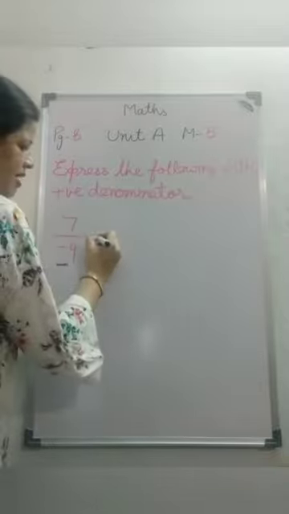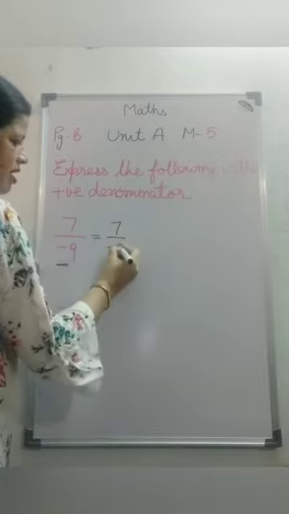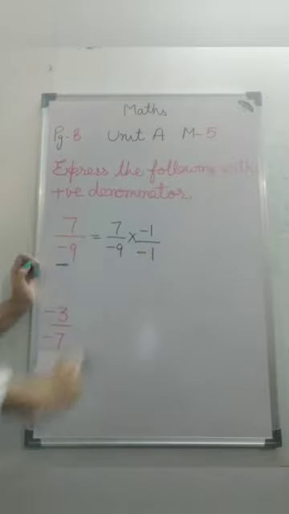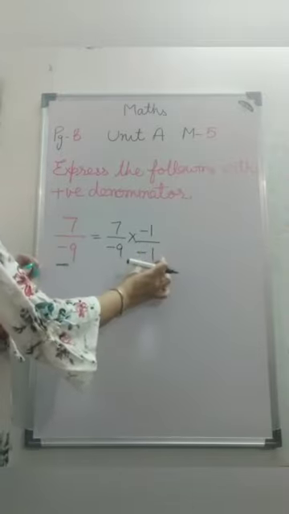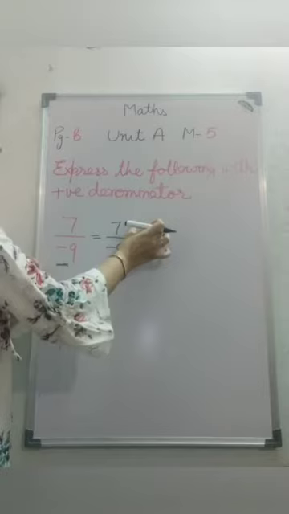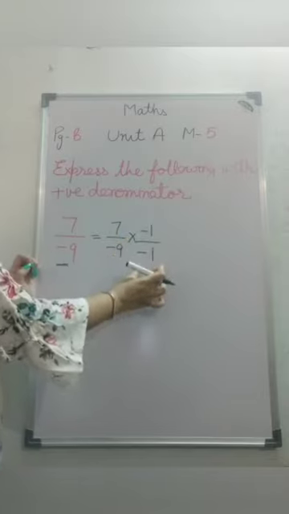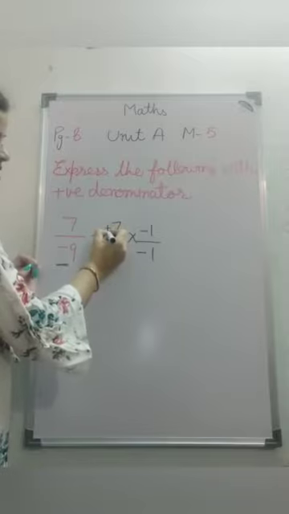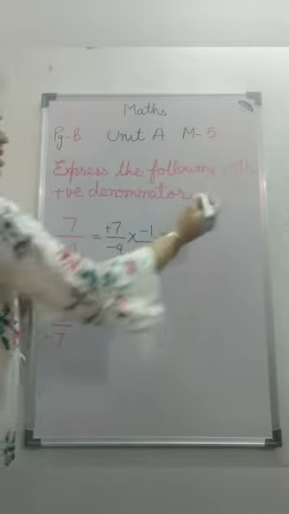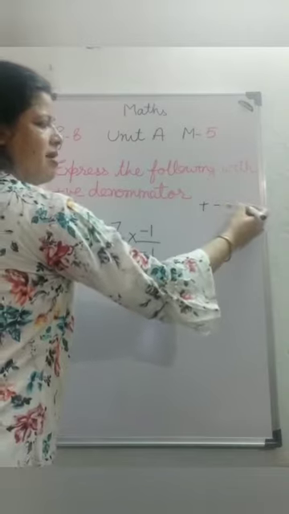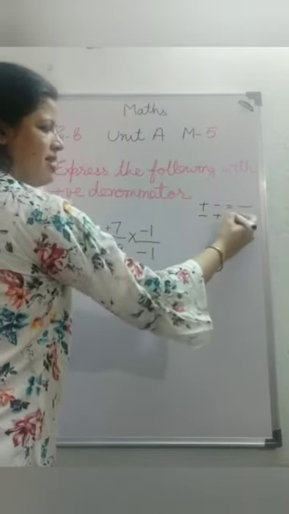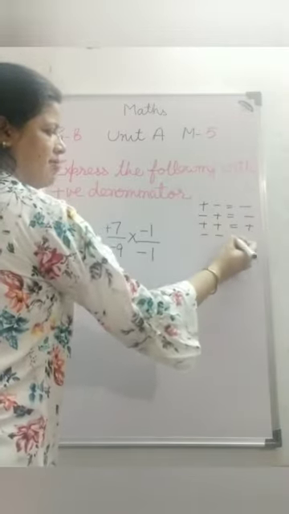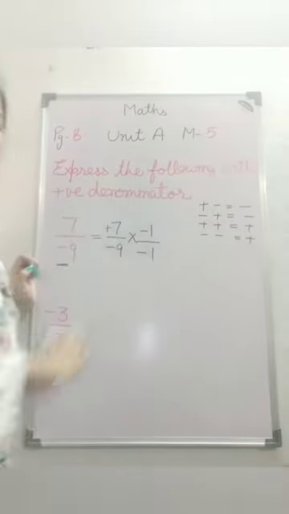We multiply by -1 upon -1. We can multiply them because we are multiplying -1 and -1, both the same number with the same sign. Now we follow the same rule: plus minus is minus, minus plus is minus, plus plus is plus, and minus minus is plus, as you know.